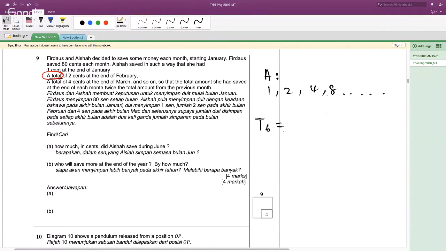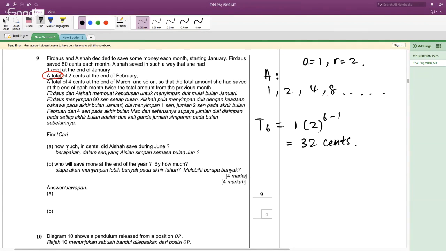Okay, so my A is basically 1 and my R is basically 2. So AR^(n-1), so it will be AR and then n minus 1, which is 6 minus 1. Oh, 6 minus 1 is 5, sorry. So therefore, you will actually get 2 power of 5, which is 32 cents. That means on June itself, A actually has already saved 32 cents.